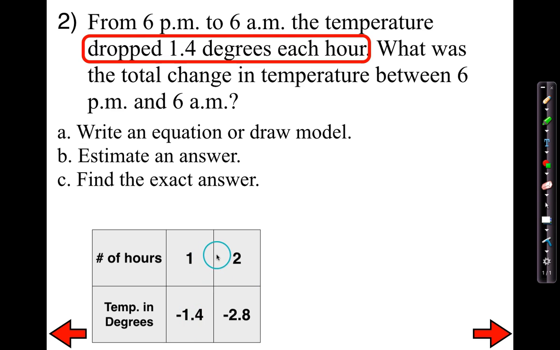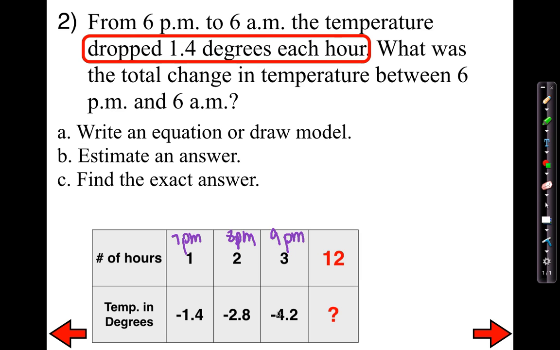Now in the second hour, by 8 p.m., that's going to drop another 1.4, which leads me to negative 2.4. Next hour is going to drop another 1.4, which leaves us with negative 4.2.